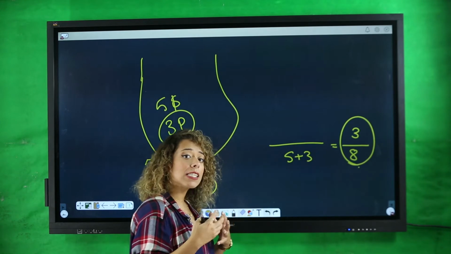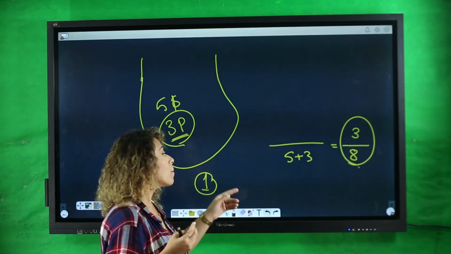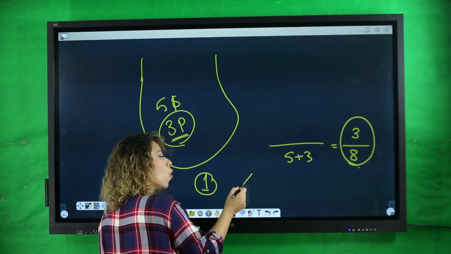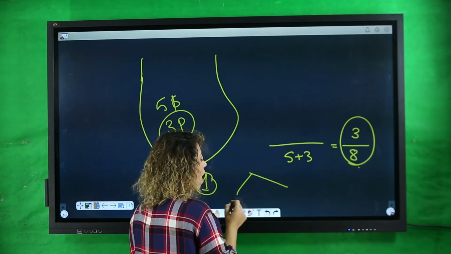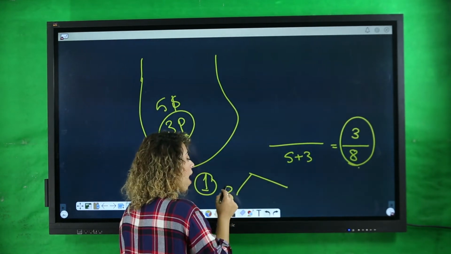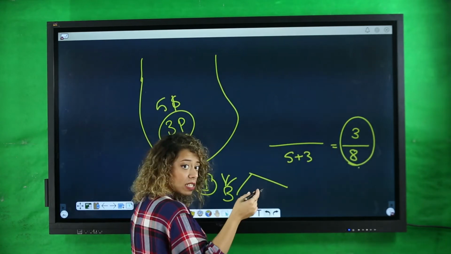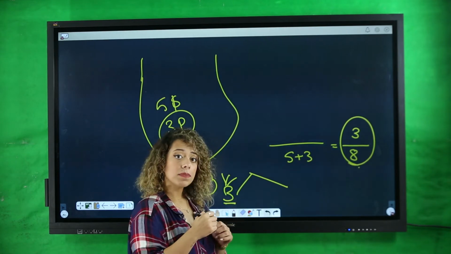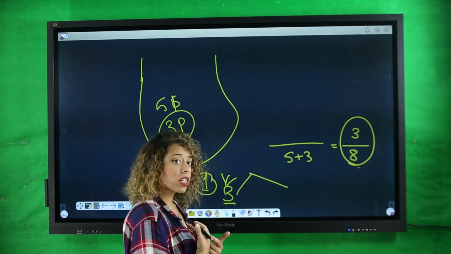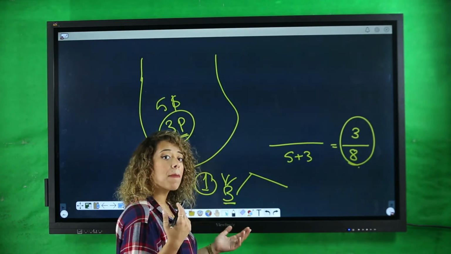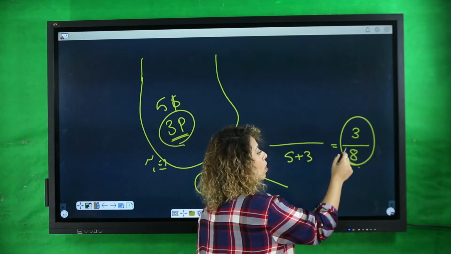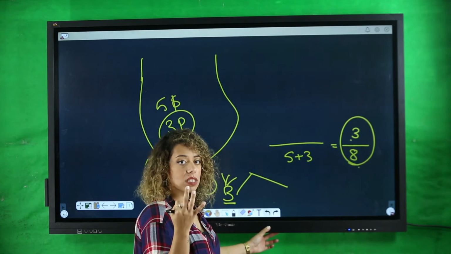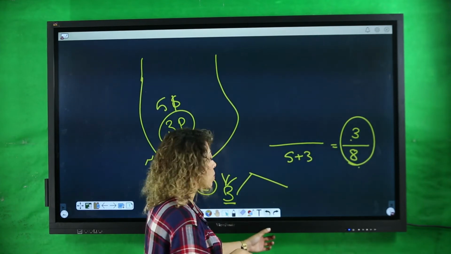That's the probability that I might pick up a pound, because it's either a pound or a dollar. So I have 3 chances out of the 8 chances to pick up a pound, right? So my probability for picking up a pound is 3 out of 8, because I have 3 chances of picking up a pound.